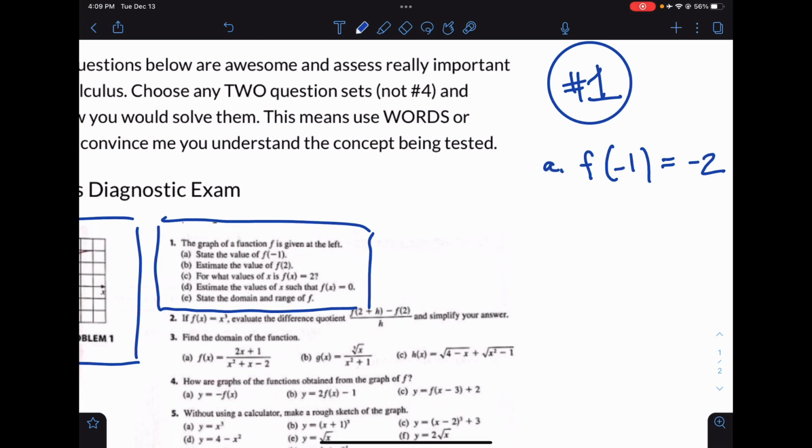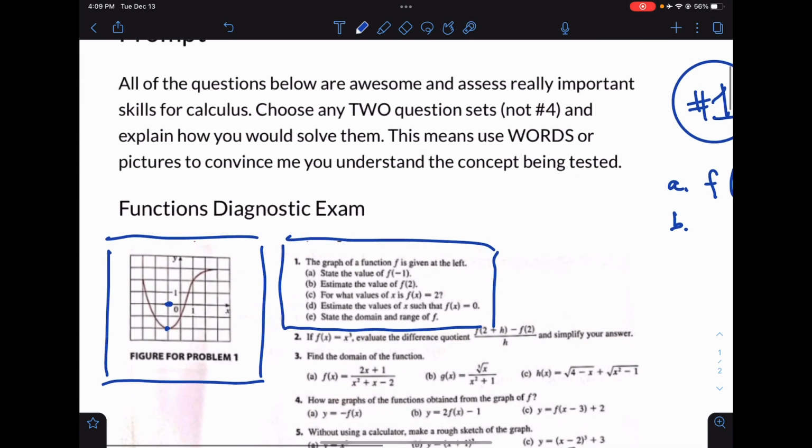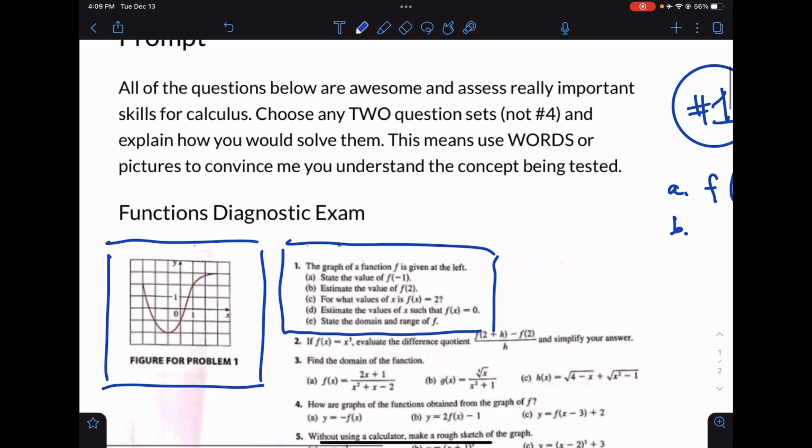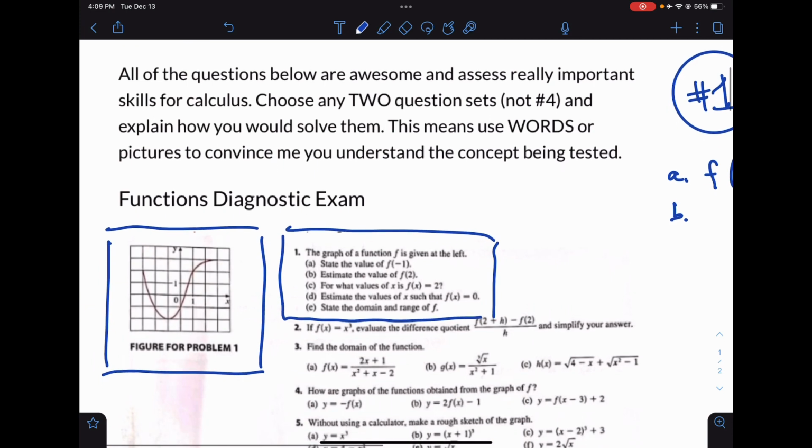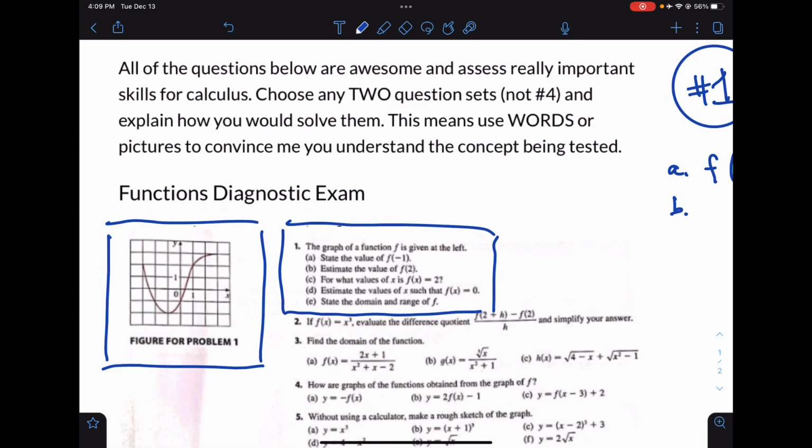B, estimate the value of f of 2. We're going to do the same exact thing. So we're going to go back to this graph, and we're going to find where x is equal to 2. And we go 1, 2.